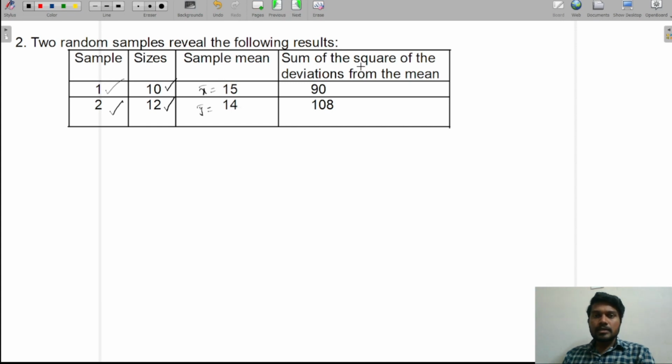Sum of the square of the deviations from the mean 90 and 108. So can I say this is the value summation i equal to 1 to n, xi minus x bar whole square, and this is the value summation yi minus y bar whole square? Yes. See, in this question, he gave you the values properly. So now what we have to do? We have to solve it by using the last sum.